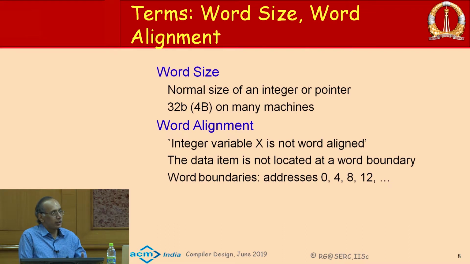So, the compiler would be clever enough to start this array from an address which is divisible by 4. But if I make everything divisible by 4, there should not be a problem at all. But in between I could have a variable which is short or character, and that could throw off what comes later. So, whenever I am going to declare a large array or a set of integers, the compiler should necessarily make sure that they start from an address which is aligned.